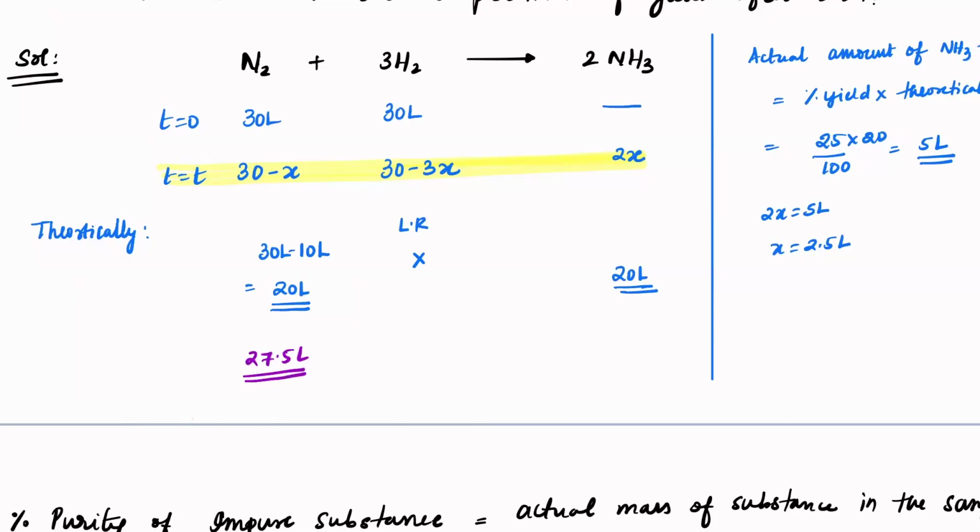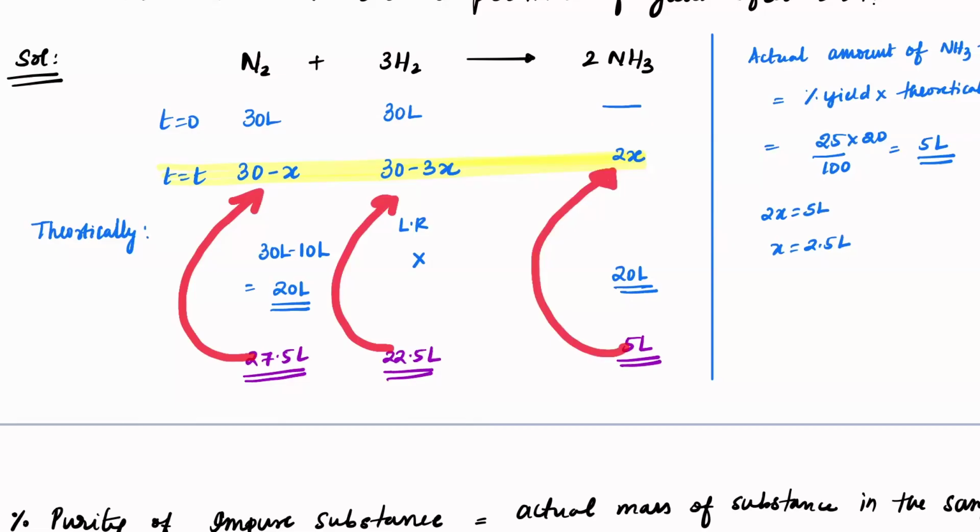And here it is 3x, so 3 into 2.5, so 7.5. So 30 minus 7.5, 22.5 liters of hydrogen is left. And how much ammonia is forming? 5 liters. So this amount is calculated based on this x amount which has been supposedly happening. Please check.